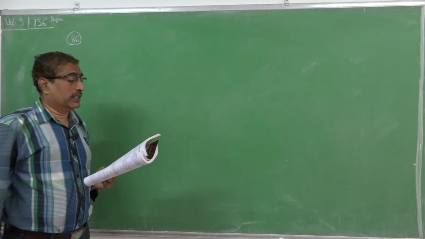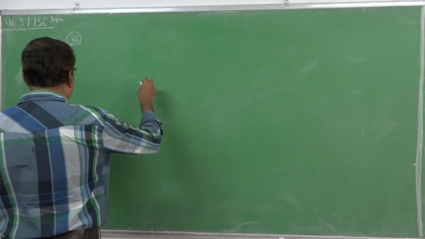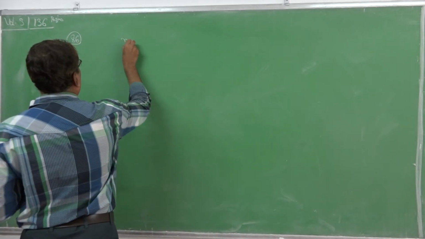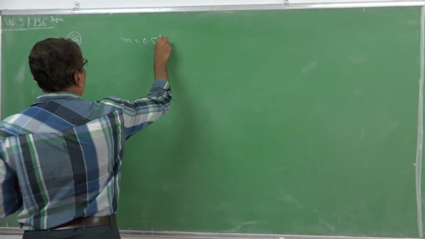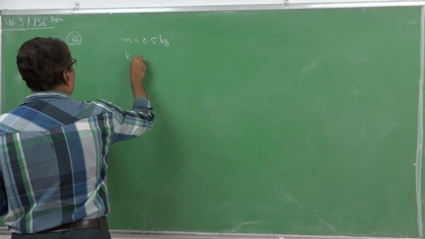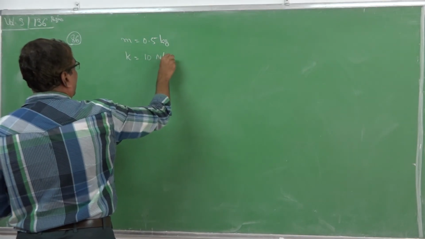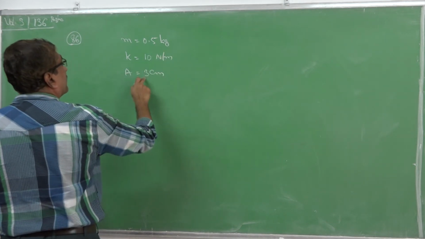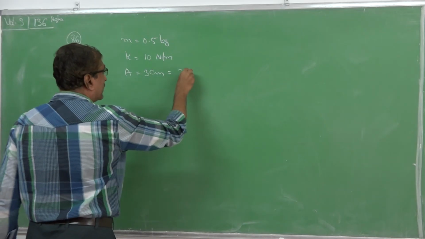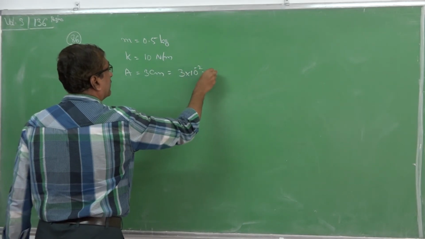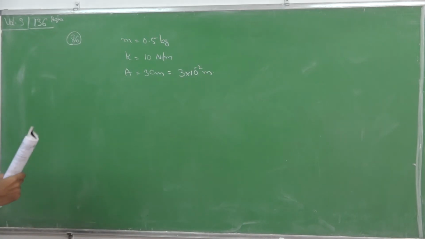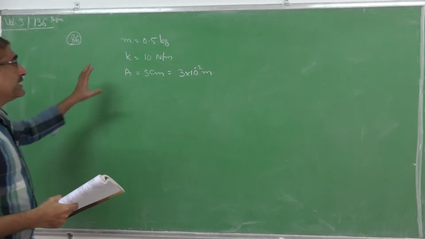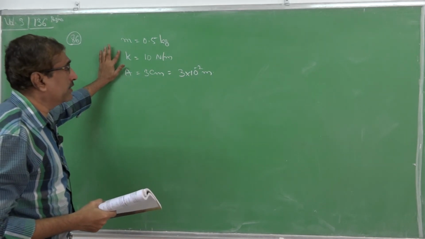Given that the mass of the simple harmonic oscillator is m equal to 0.5 kg, force constant k is equal to 10 Newton per meter and the amplitude A is 3 centimeter. Convert this into 3 into 10 power minus 2 meter. Now, these are the given. Now, we have to calculate the maximum speed of this particular simple harmonic oscillator.